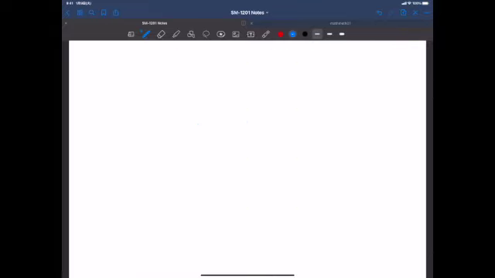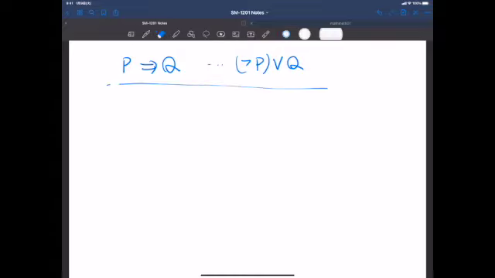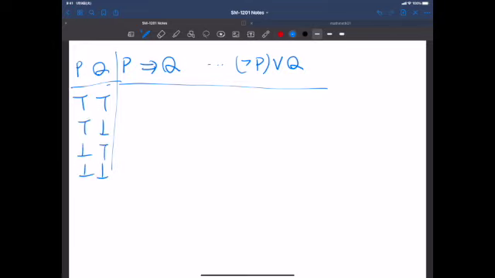Okay. Previously I said this implication operator is not something new. In fact, this is equivalent to this proposition, not P or Q. Okay, so to see this, try to write the truth table. So P, Q: true, true, true, false, false, true, false, false.